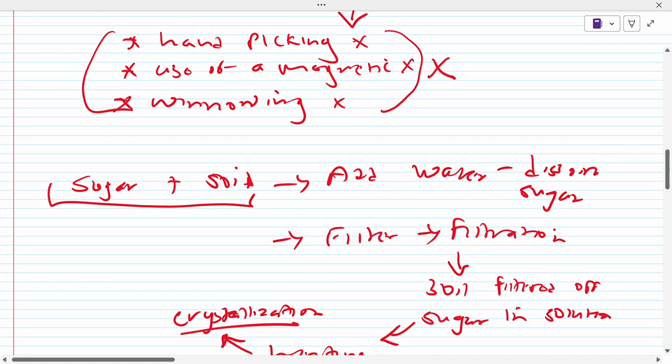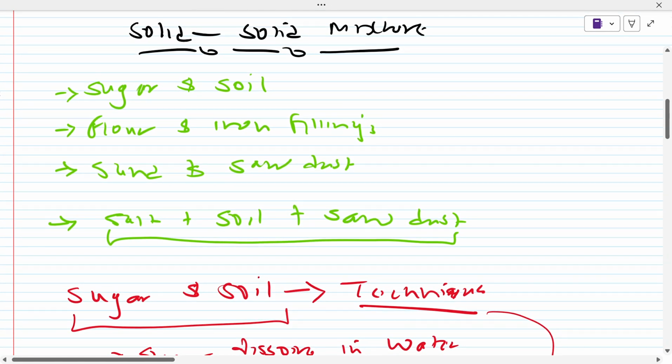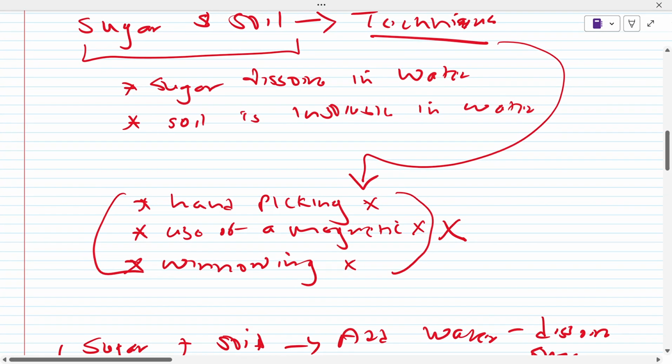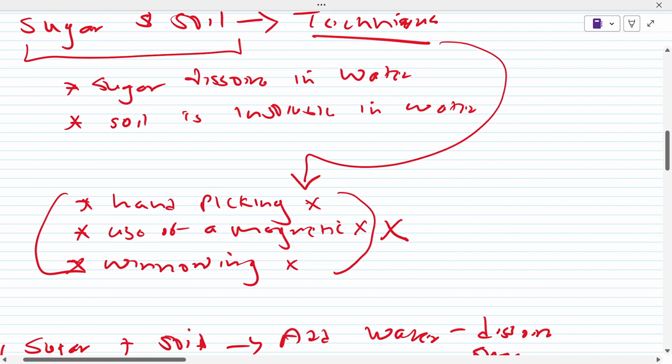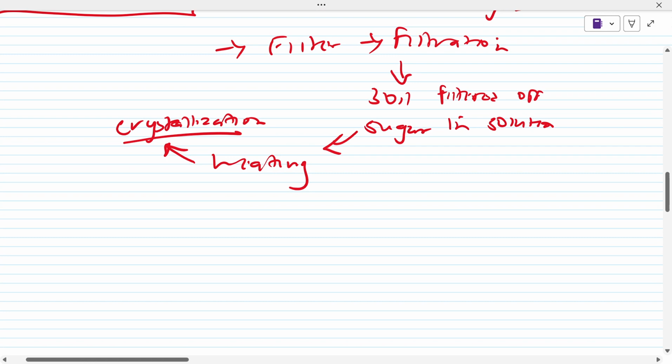So we can have different types of mixtures. Same way we said, we can have solid-solid mixtures, which have techniques. So to come back here, when do we use hand picking? When do we use hand picking to separate solid-solid mixtures?